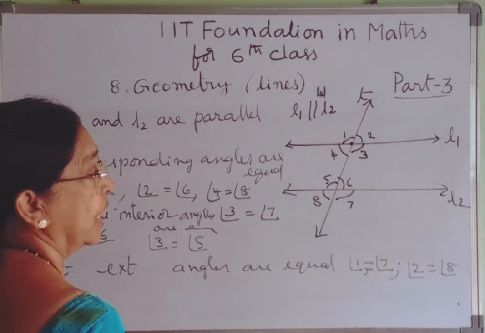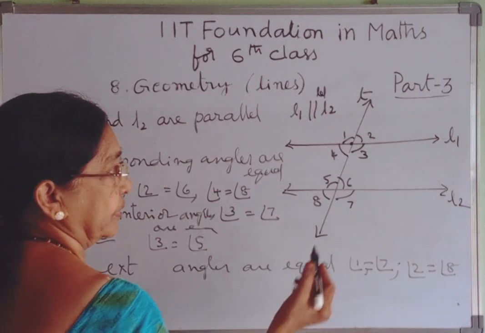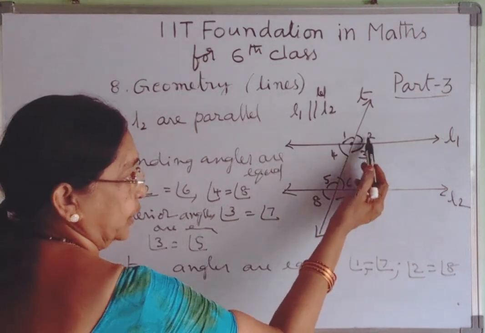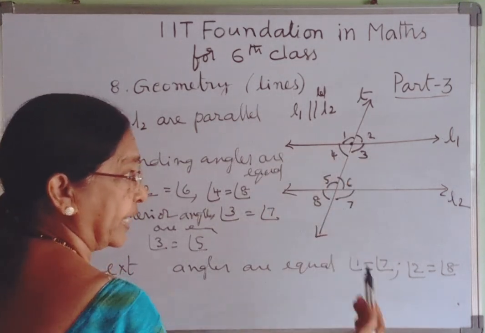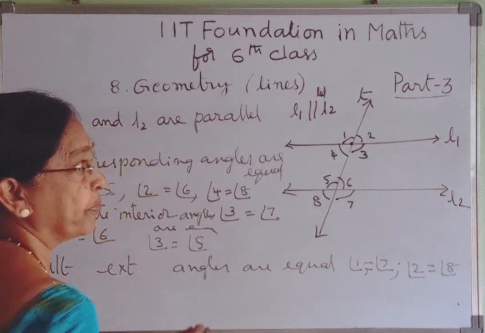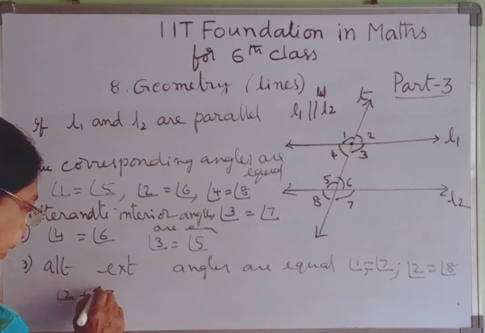Exterior angles on the same side of the transversal are supplementary, that is angle 2 and angle 7. These two are exterior angles lying on the same side. Therefore, they are supplementary. That means the sum of those two is equal to 180 degrees.